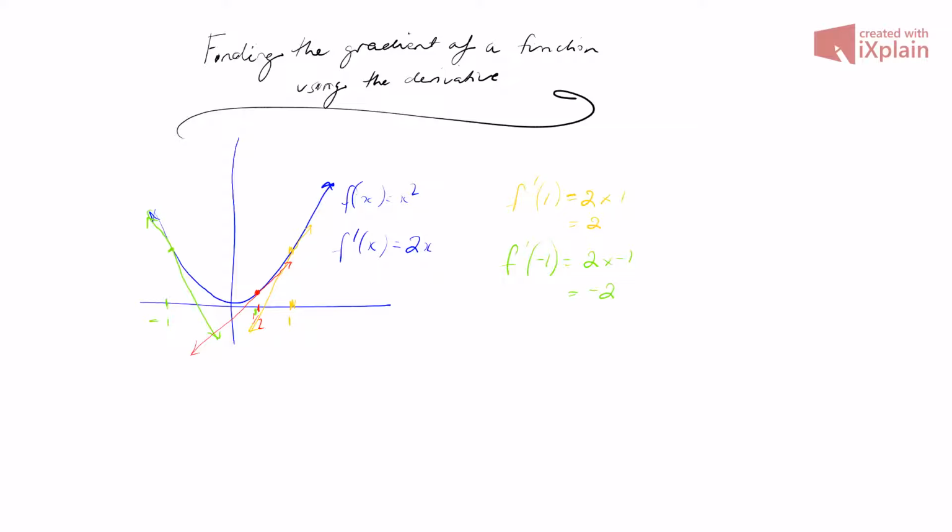So the tangent is flatter, it's not as steep, so therefore our gradient is going to be smaller. So we have f dash of a half, so we go 2 times a half equals 1. So the gradient is positive and just on a nice 45-degree angle.